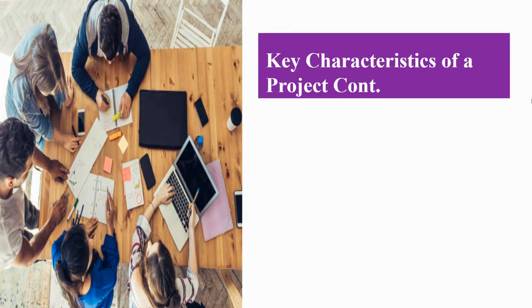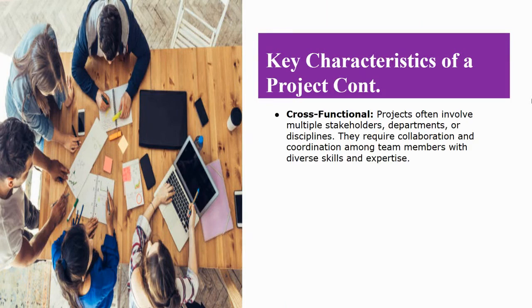Let's talk about key characteristics of a project, looking at cross-functional as well, which is part of those key characteristics. Projects often involve multiple stakeholders. These multiple stakeholders could be departments in organizations, disciplines, or different stakeholders, including donors, funders, leaders, and influencers.